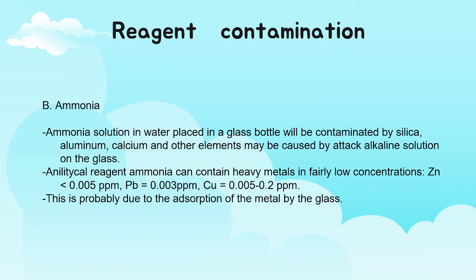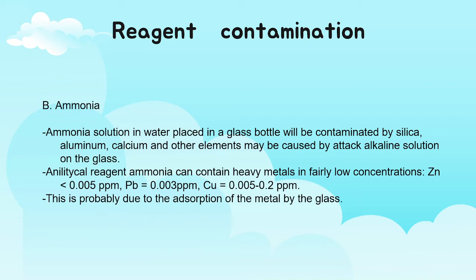B. Ammonia. Ammonia solution in water placed in a glass bottle will be contaminated by silica, aluminum, calcium, and other elements, which might be caused by attack of the alkaline solution on the glass.